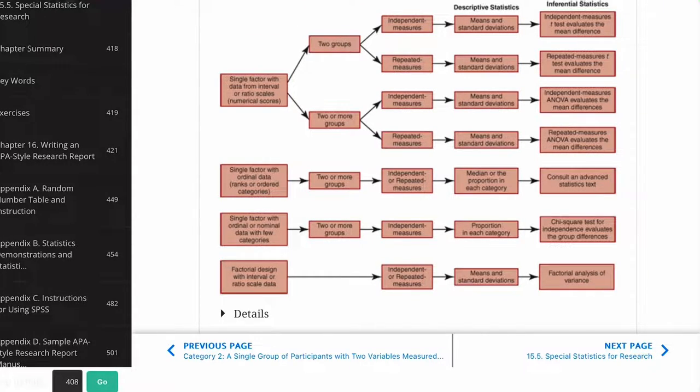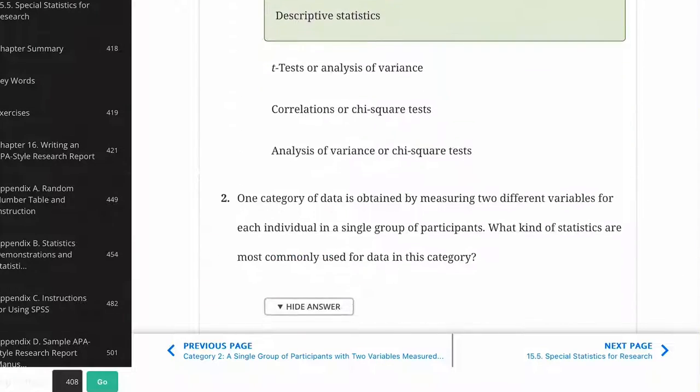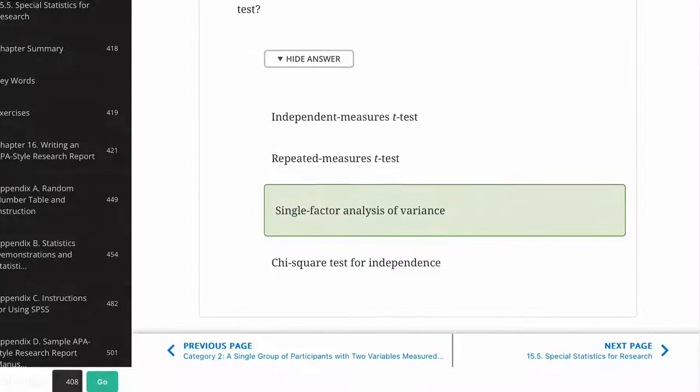It said it was between subjects, so we go up to the independent measures box. Then we go over to inferential statistics and see that independent measures ANOVA is what we would use. If we go back down, it was a single factor analysis of variance. It doesn't actually say independent measures ANOVA, but that's what it would be.